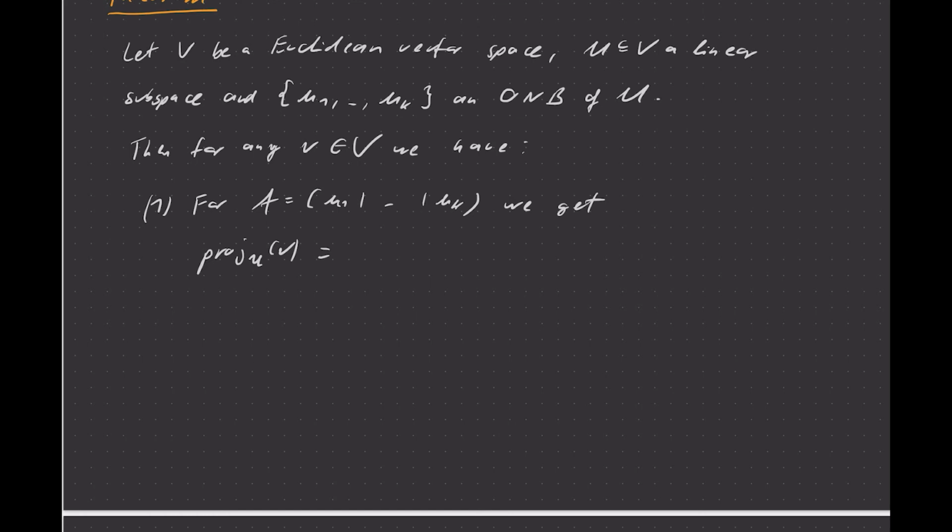So what is that solution? Well, A transposed A has full rank k and is square, so it can be inverted. So that solution is (A transposed A) to the -1 times A transposed v. And that gives us a vector x of coefficients. So to get the actual vector u, the projection, we have to multiply A with that result. So A times this would be the projection.